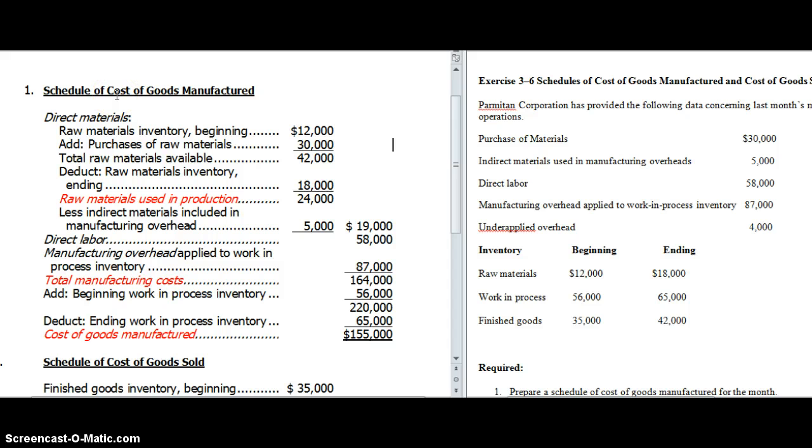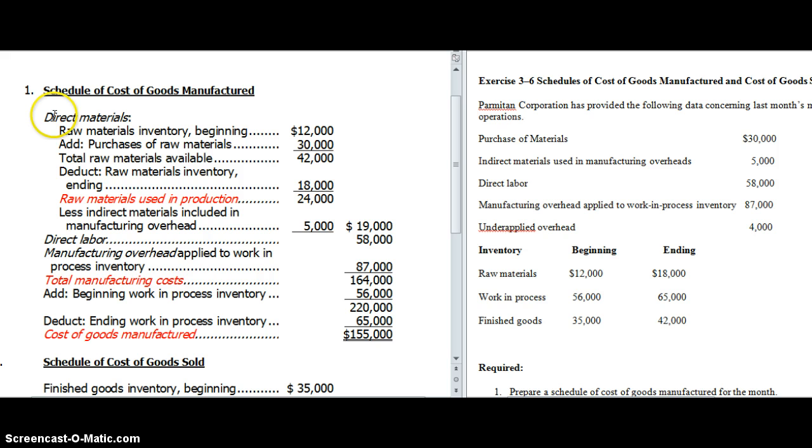The most important thing that you need to know before you start preparing a schedule of cost of goods manufactured is that the schedule of cost of goods manufactured records three important information.